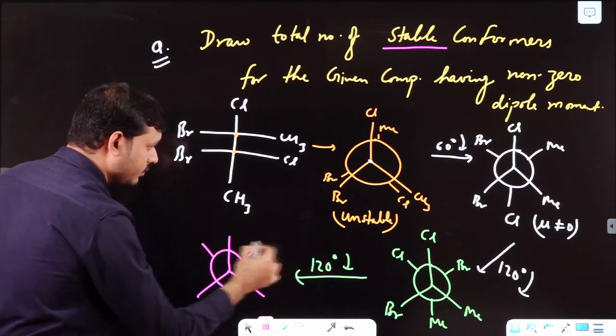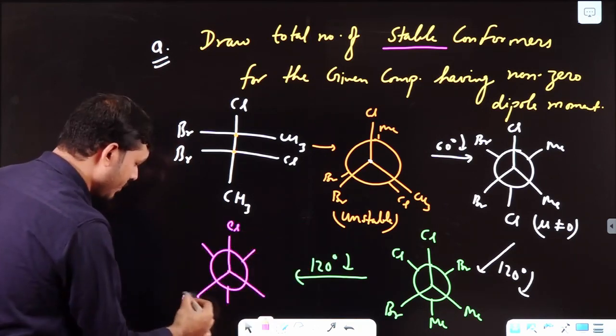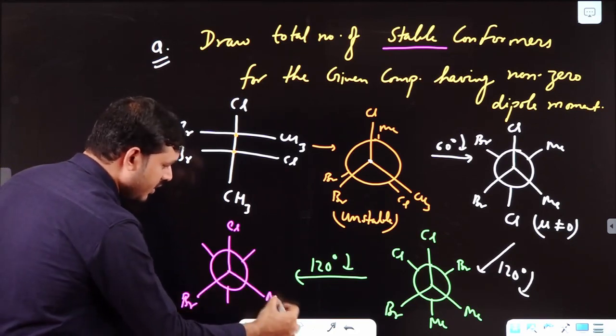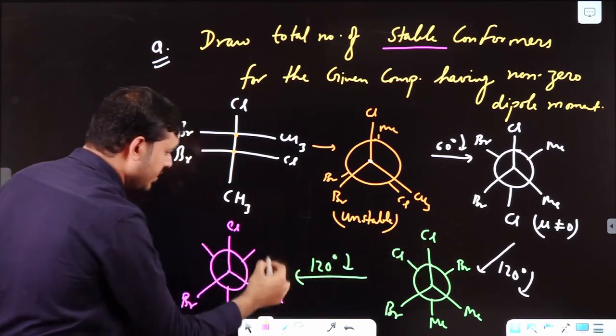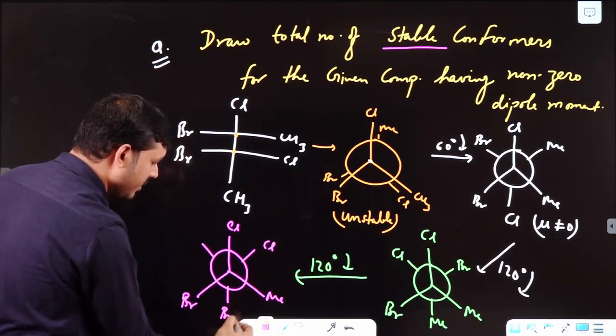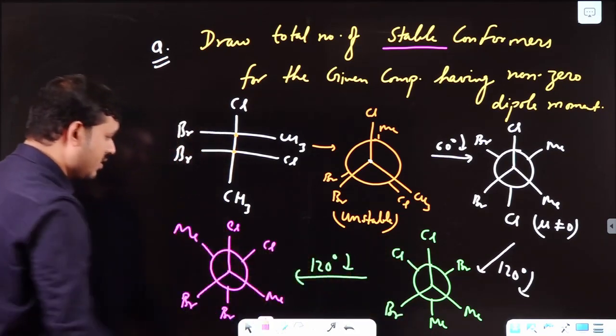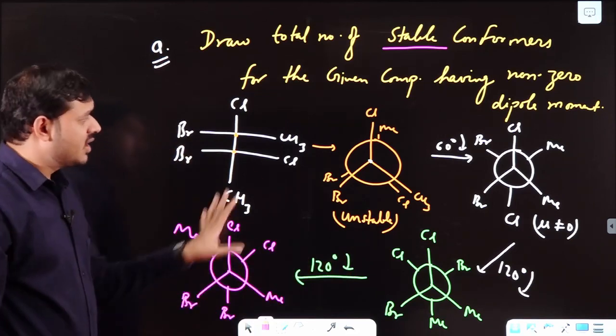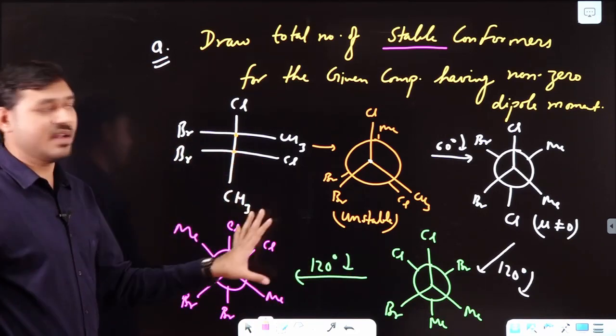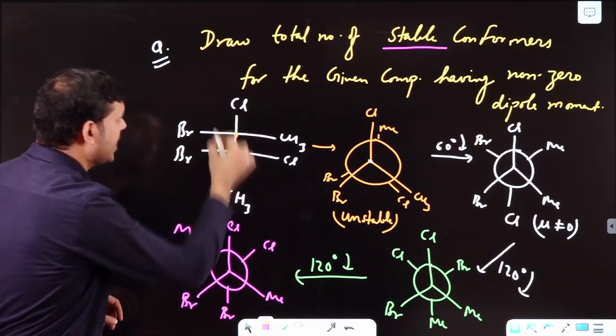Cl, Br, Me, chlorine comes this side, bromine comes here, and methyl comes here. Okay, so dear students, these are the possible staggered conformers for this particular given compound.